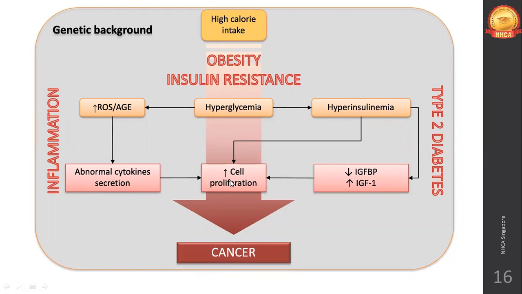Tumors will just stay in one part of the body. Cancer spreads throughout the organs, throughout the systems. So this is how type 2 diabetes and inflammation have their link towards cancer.